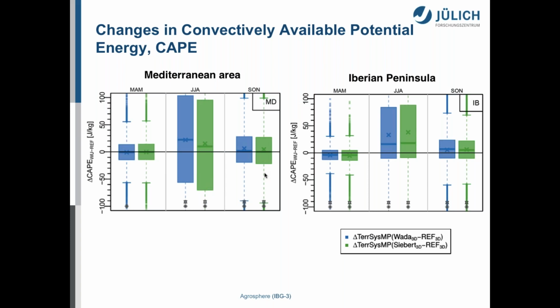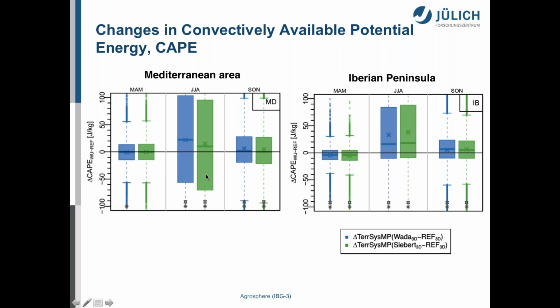Okay. What we do here is integrate this variable over two different regions, the Mediterranean area and the Iberian Peninsula. And here again on the y-axis you see the difference in CAPE between the water use simulation and the reference one. And you see a tremendous response here during June, July, and August, where we see on average larger CAPE for both water use simulations.